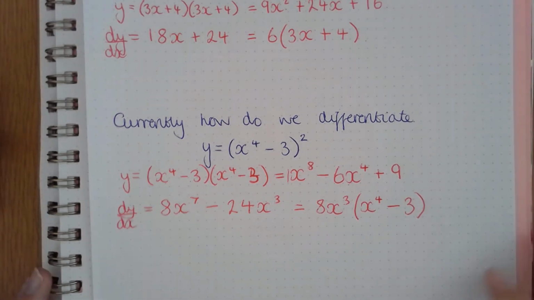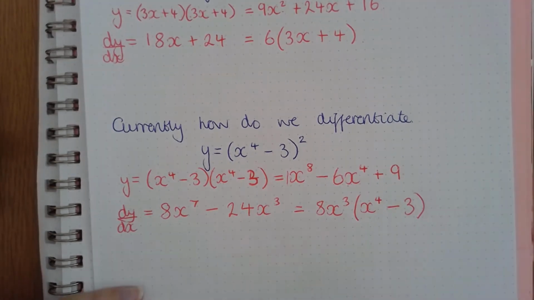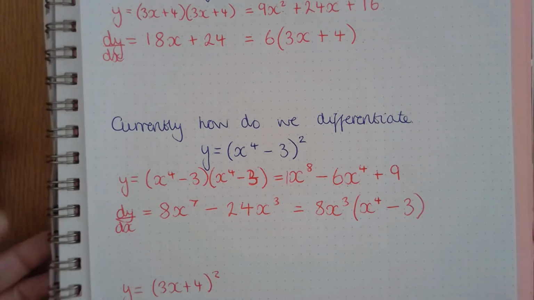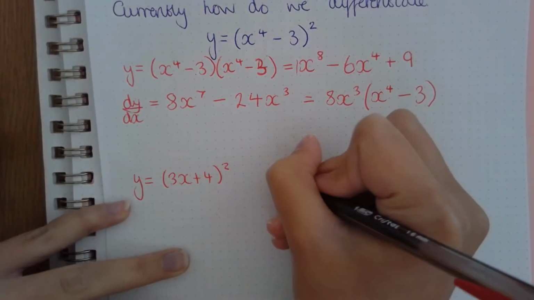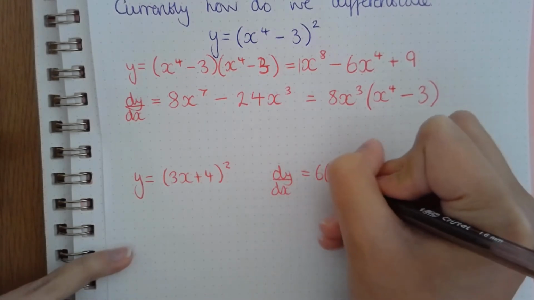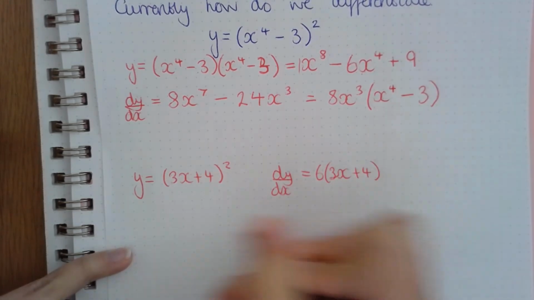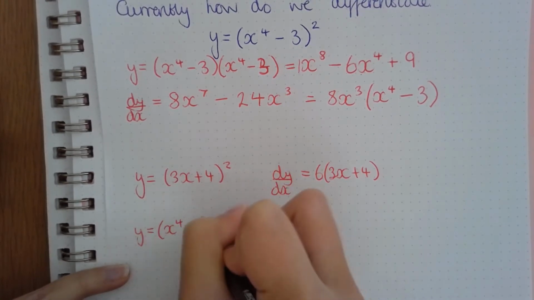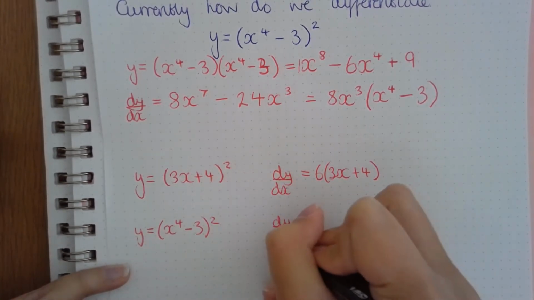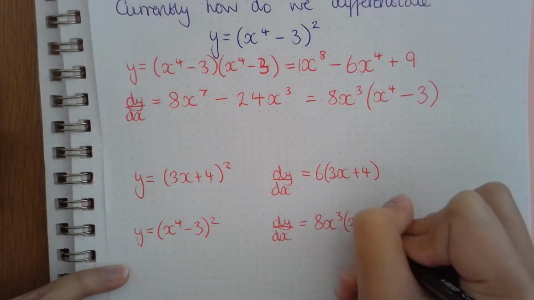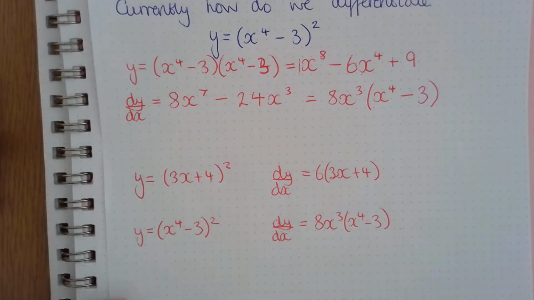So now we're going to look at what we got. The first question, we had y equals (3x plus 4) all squared, and our differential ended up being 6 lots of (3x plus 4). Our second question was this, and our differential ended up being that.